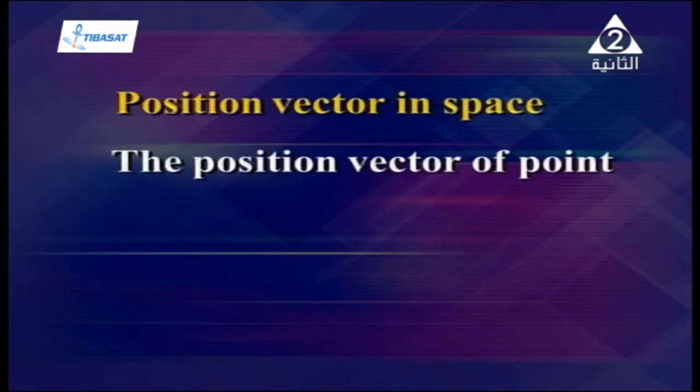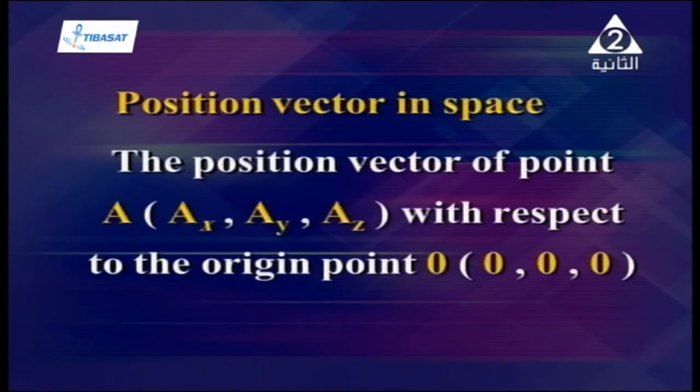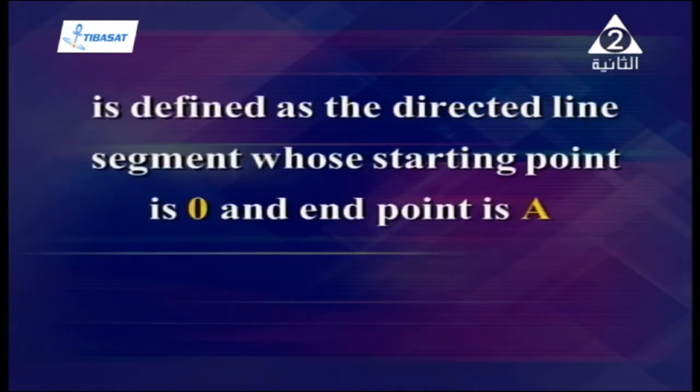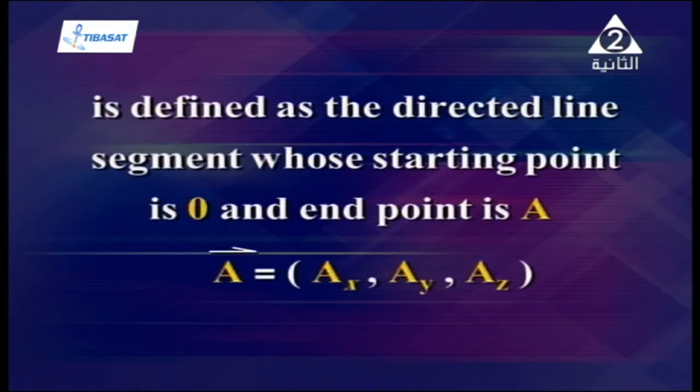Position vector in space of a point A has 3 components Ax, Ay, Az with respect to the origin point (0, 0, 0). It is defined as a directed line segment whose starting point is O and end point is A, or a vector (Ax, Ay, Az).